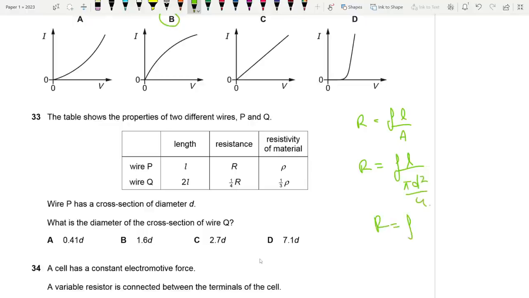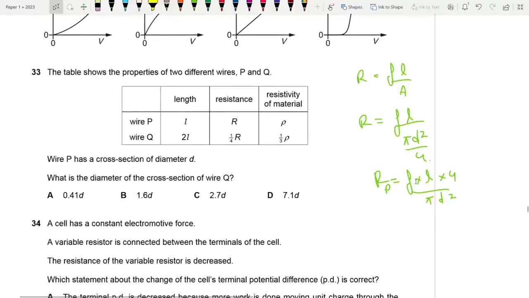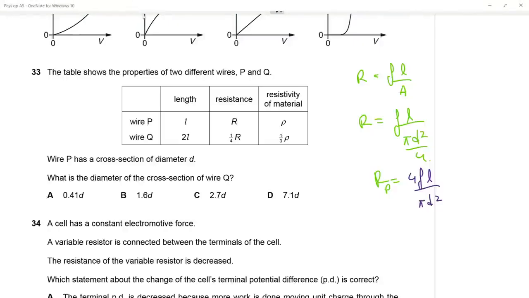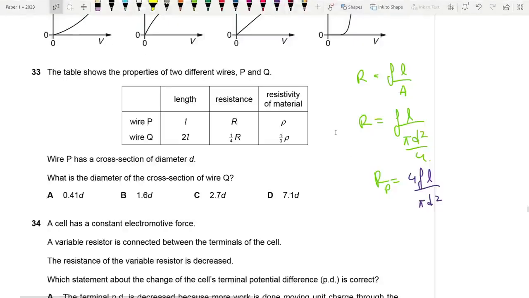So R is equal to rho times L times 4 divided by pi D square. So this is the data for wire P. Resistance of P is 4 rho L by pi D square.